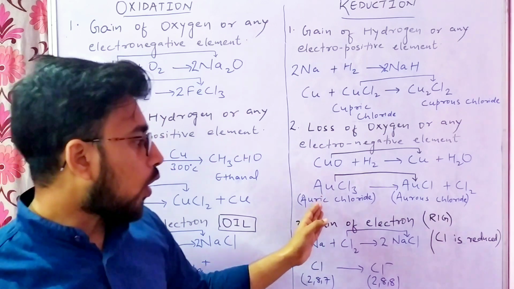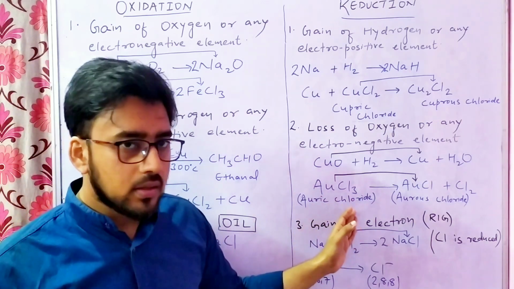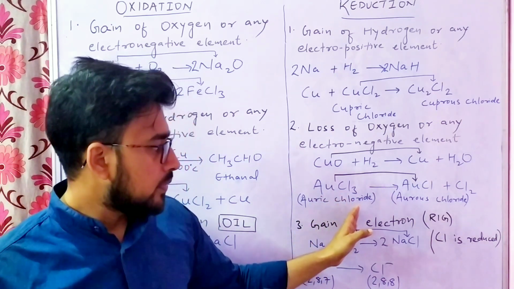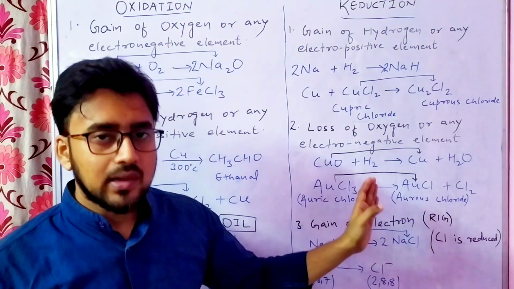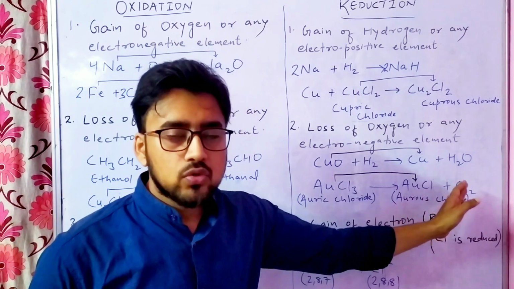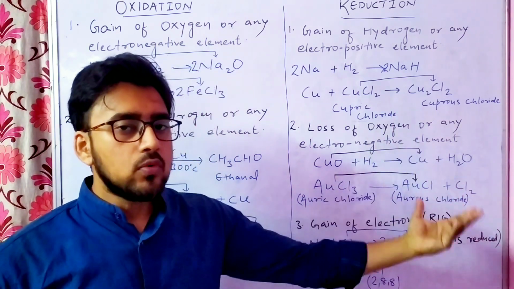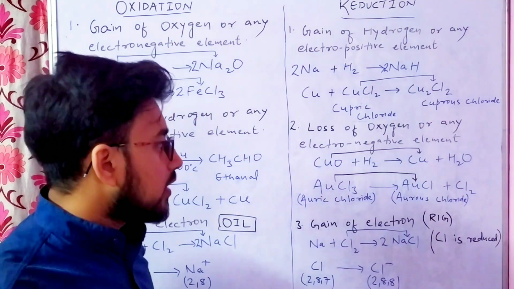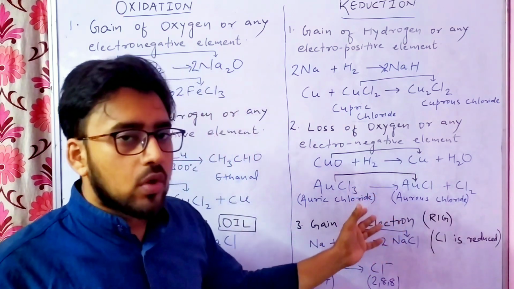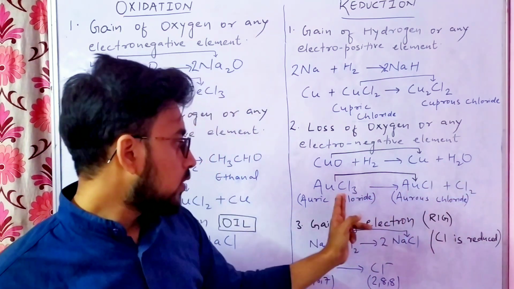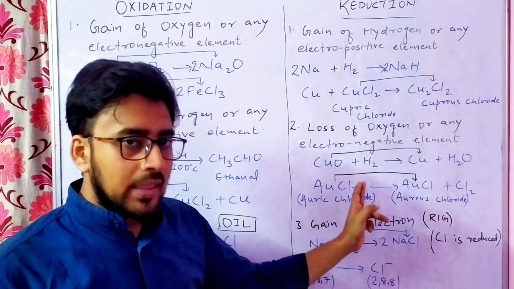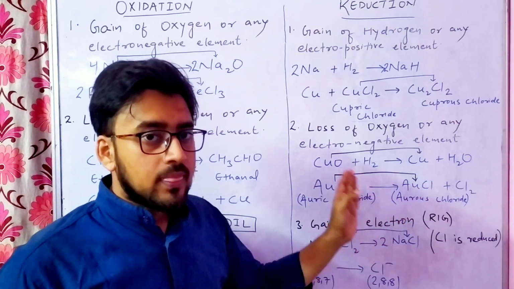Now, let's talk about the next example, next reaction. We have taken here auric chloride. Auric chloride is AuCl3. And what is happening in the product? It is getting converted into AuCl, and two chlorine atoms are removed. So there is loss of chlorine. There is loss of two chlorine atoms from AuCl3 and it is converted into AuCl.